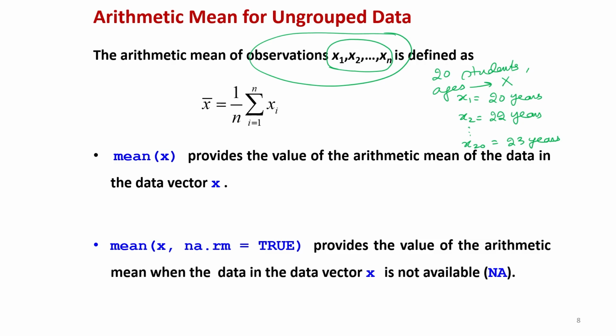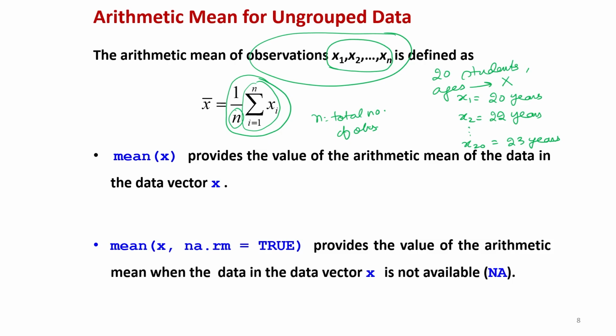Now the arithmetic mean of these observations x1, x2, ..., xn is defined as 1 upon n, summation of xi, i goes from 1 to n. This is the sum of all the observations divided by the total number of observations n, where n is the total number of observations.